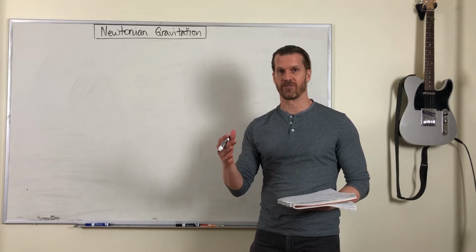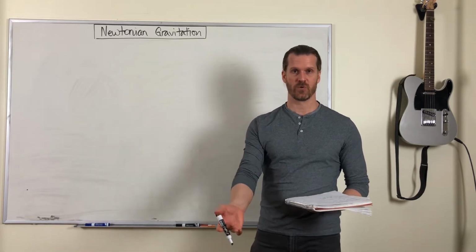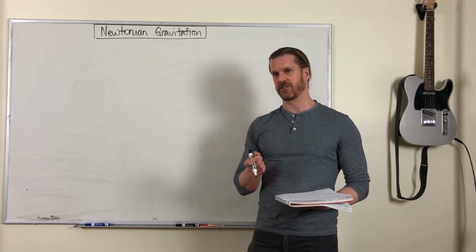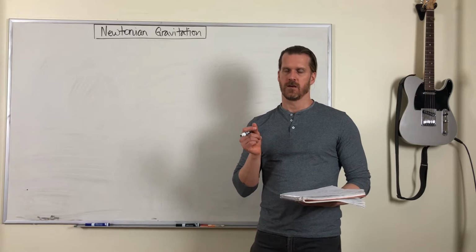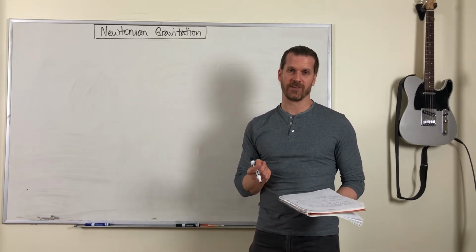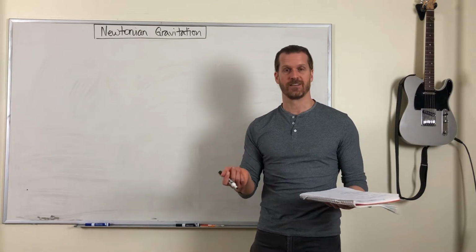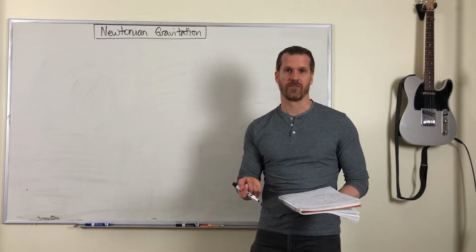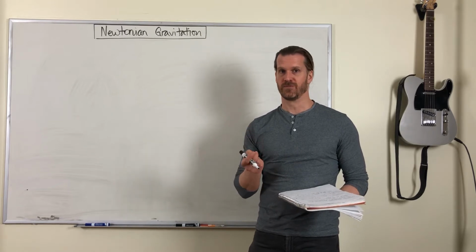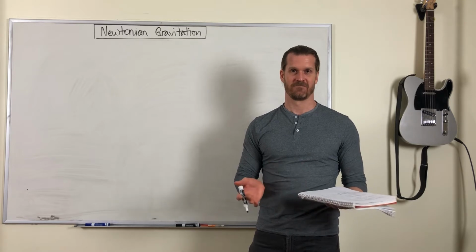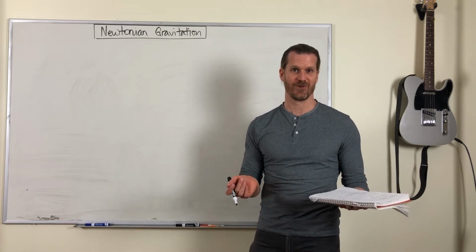We've already learned his 3 laws of motion. Now, Newton realized that there must be some centripetal force holding the moon in its orbit around the Earth. Otherwise, the moon would just continue in a straight line because of Newton's first law of motion.